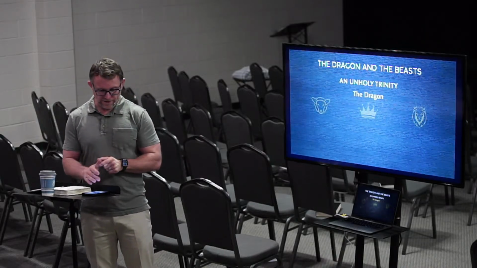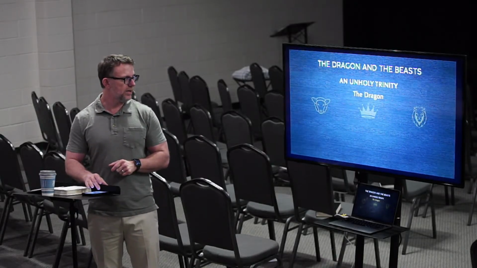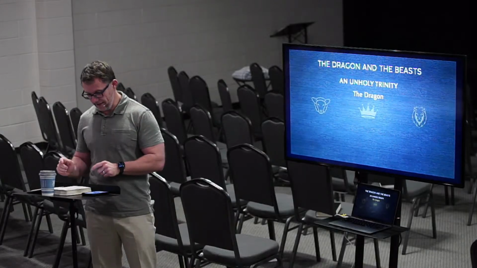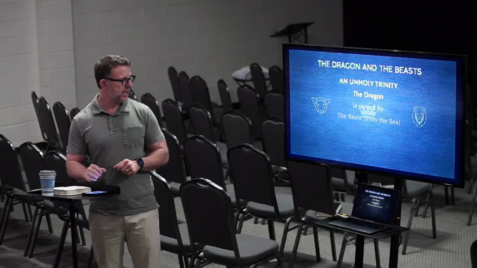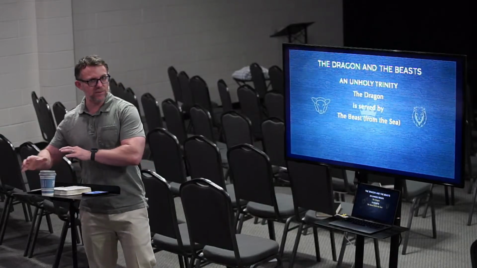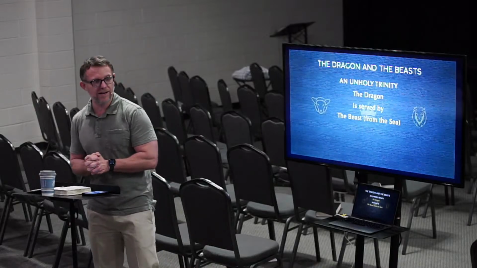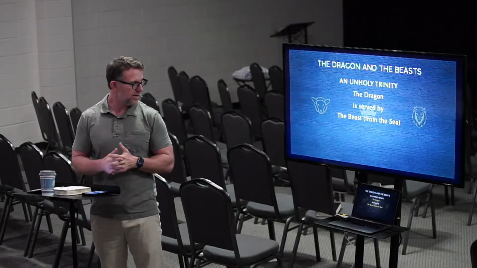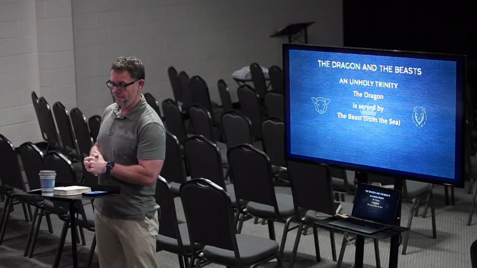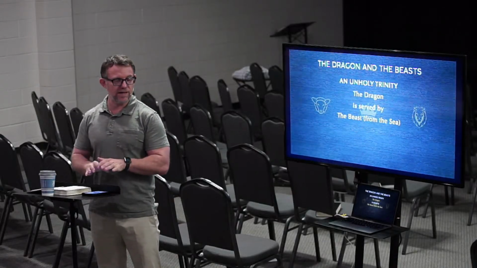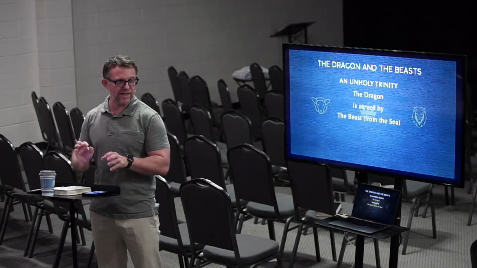So what we end up with is this sort of unholy trinity. We've already been introduced to the dragon, and he's coming back in chapter 13. And what we'll see as we read through chapter 13 is the dragon is more or less served by, or you might even say represented by, the beast from the sea. So there's some similarities and characteristics between the dragon and the beast from the sea.